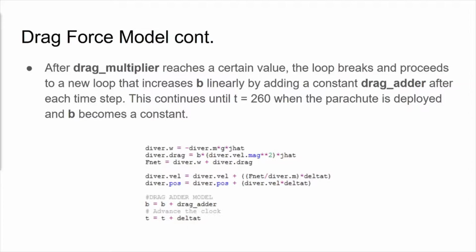In this loop, instead of b being multiplied by a multiplier after each loop, it increases linearly by a different constant, which I call drag adder. So after this initial exponential growth that starts to level off, it changes into a linear increase until time equals 260, when the parachute is deployed and b becomes a constant.